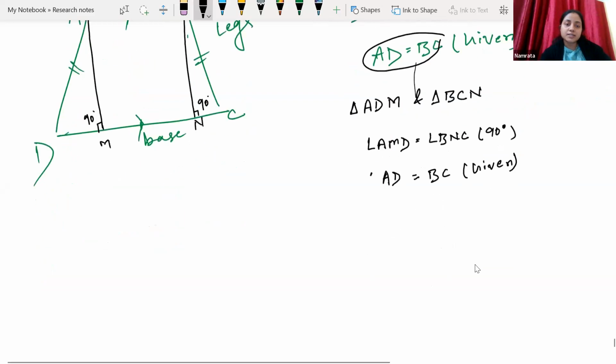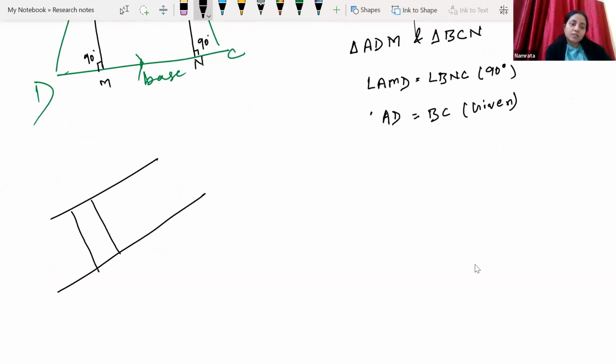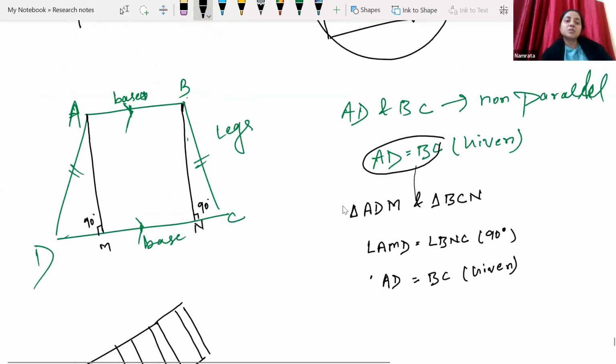Here we can use the concept that if we have two parallel lines, the distance between the parallel lines will always be the same. Anywhere you take the distance, it will not be smaller somewhere and more somewhere else. So the distance between the parallel lines AB and CD is the same.